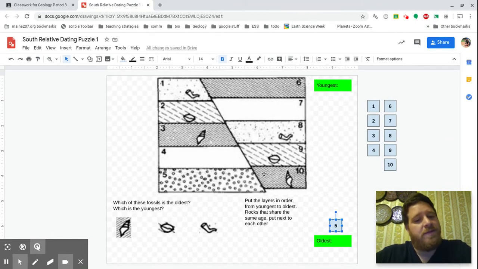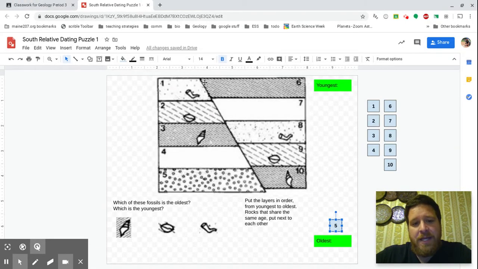But also you can see that 10, 9, and 8 have fossils in them that are similar to fossils found in layer 3, 2, and 1. Now, we can assume that these fossils formed at the exact same time based on the law of horizontality, okay, forming horizontally.